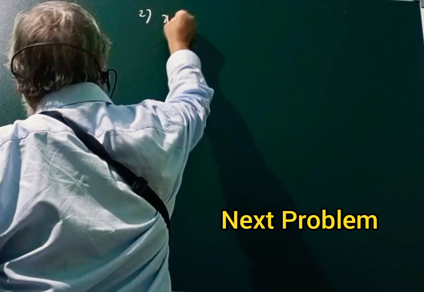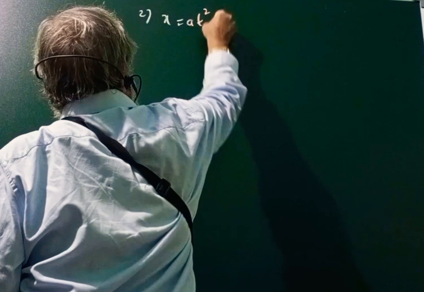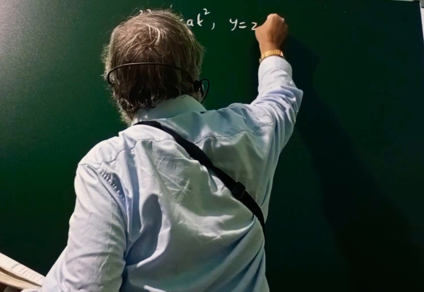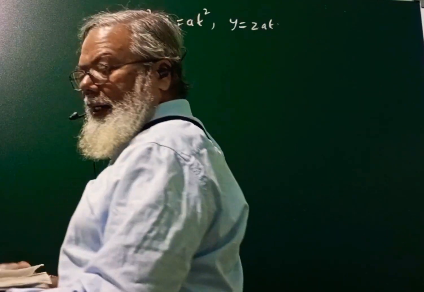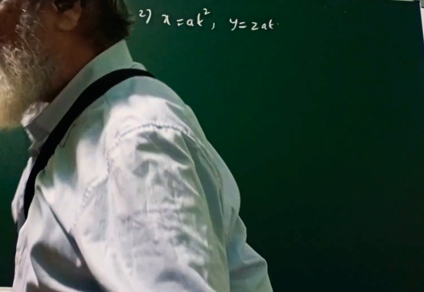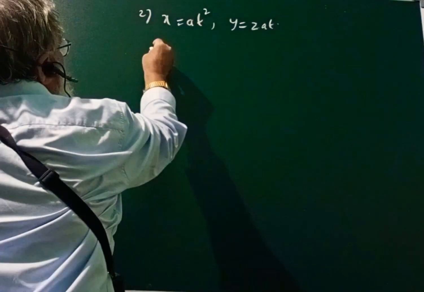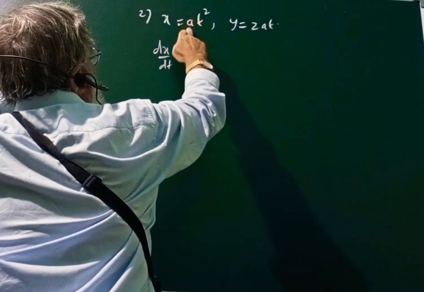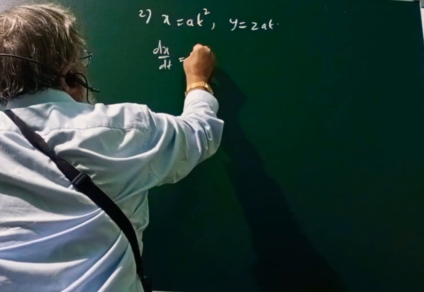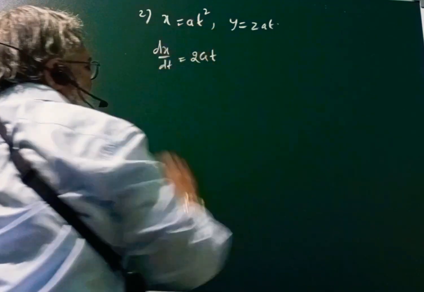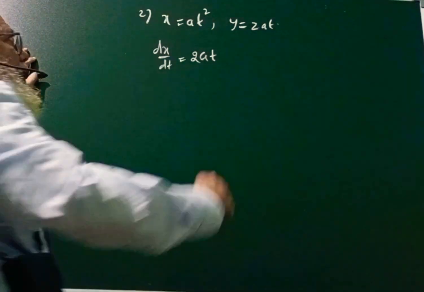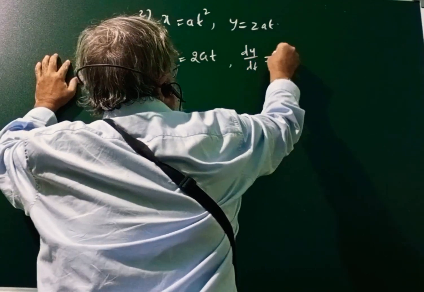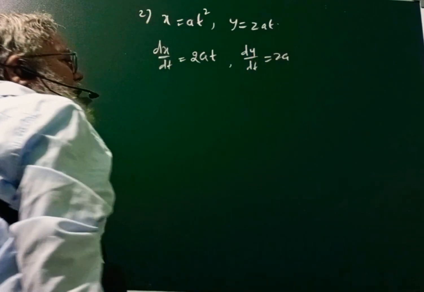Next, x is equal to a t square, y is equal to 2at. Here we observe that the parameter is t. Therefore, we should differentiate with respect to t. dx by dt: a is constant as it is, differentiation of t square with respect to t is 2t. Now, differentiate y with respect to t. 2a is constant, differentiation of t is 1.